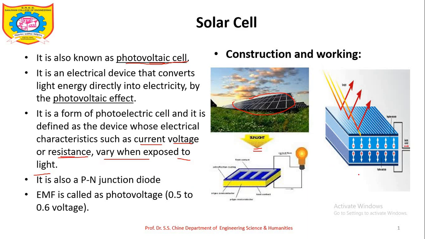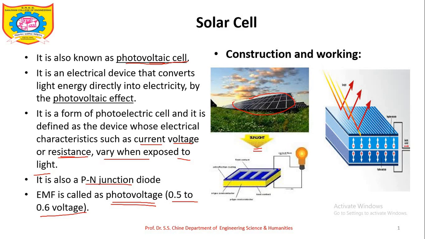These solar cells are also known as a PN junction diode. In physics you might have studied the working of the PN junction diode. This photovoltaic cell generally produces an EMF of about 0.5 to 0.6 volt, and this voltage or EMF is known as photovoltage.